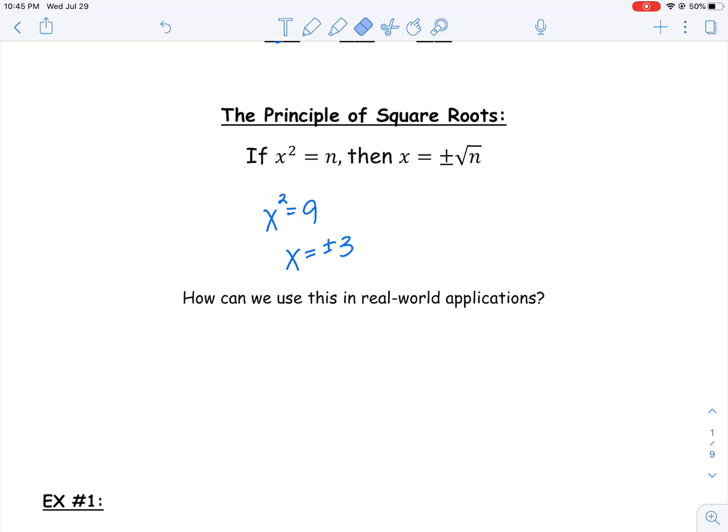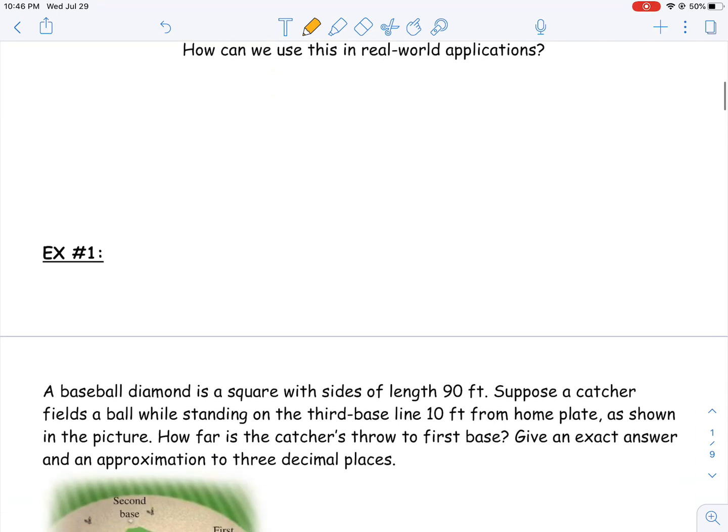If I plug in positive 3 and square it, 3 times 3 is 9. But if I plug in negative 3 squared, negative 3 times negative 3 is also 9. So anytime we square root in order to solve an equation, we actually have two solutions. X could equal plus or minus whatever the square root of that number is, in this case, plus or minus 3.